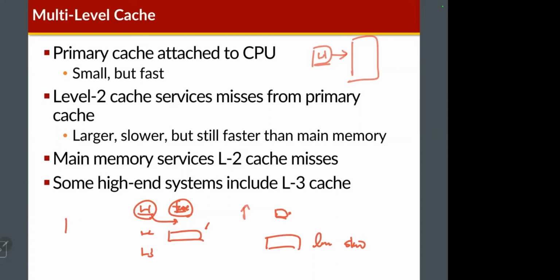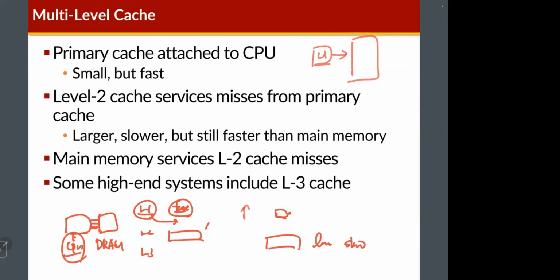The DRAM is the external memory, and this is the CPU. I explained that if the memory is located outside of the processor, then the latency will be very high because it's external memory, which means that we need to access this memory using the PCB lanes.